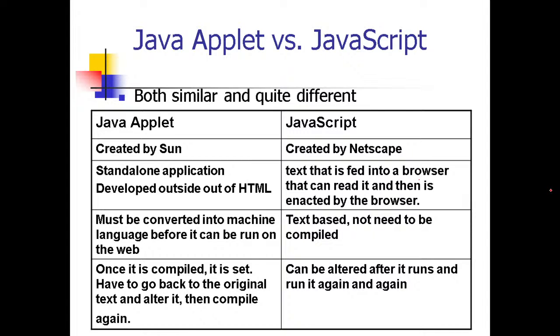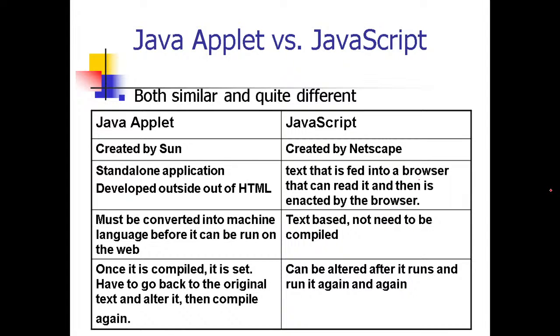Now, if we discuss Java applets, there is another important comparison between Java applet and JavaScript. They are both similar, but there are definitely some differences. First of all, Java applet is created by Sun Microsystems, while JavaScript was created by Netscape Navigator.